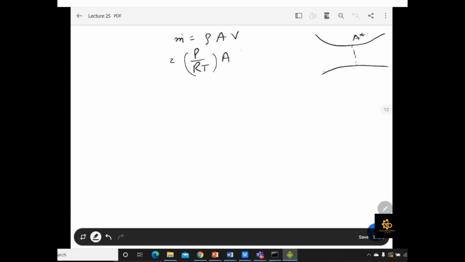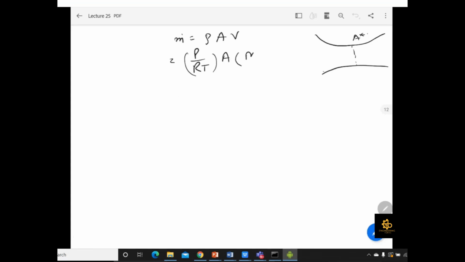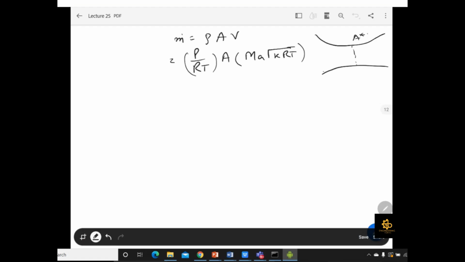Here V is basically Mach into square root of kRT, since Mach number is V by C, so V is equal to Mach into C.